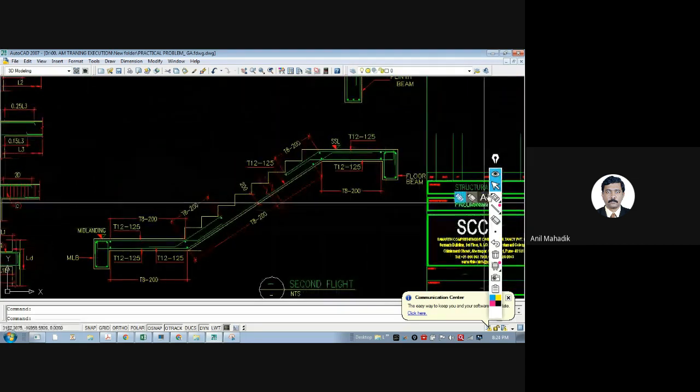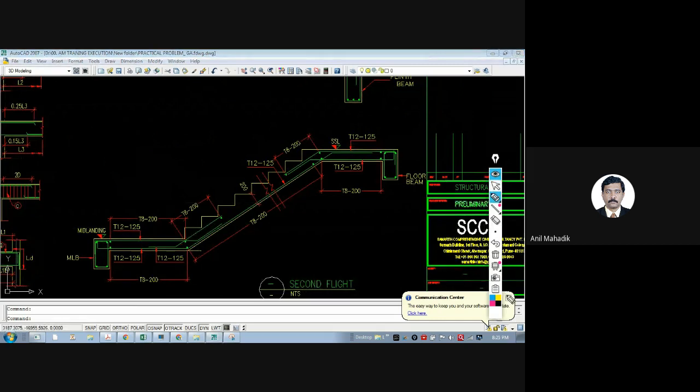This steel is a main steel, right? Whatever dots are there, these dots are distribution steel, correct? And this sloping steel is a main steel.